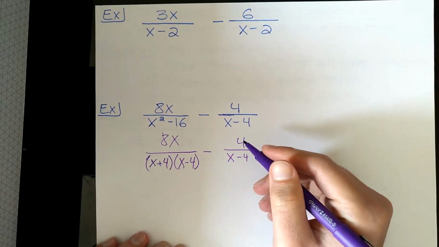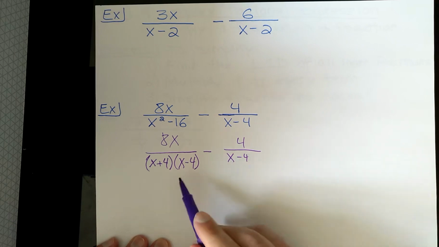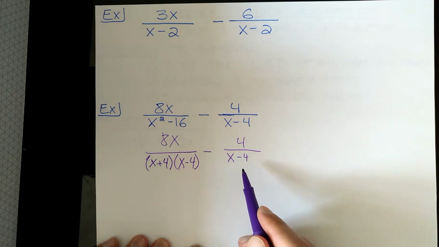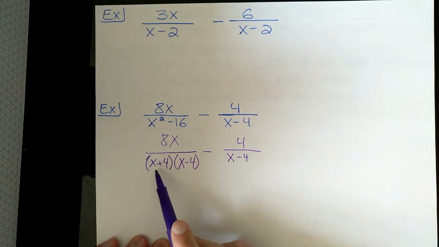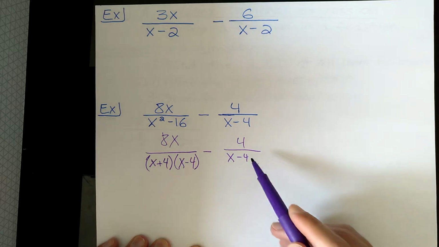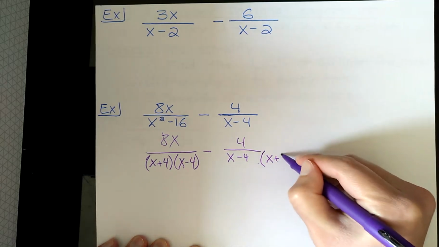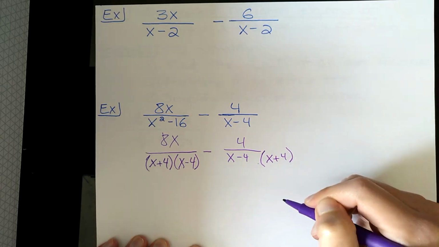And from here, notice we have a common x minus 4 in each denominator. So to get the least common denominator, we need to have an x plus 4 with each of them as well. So this right fraction needs to be multiplied by that missing factor in the denominator.